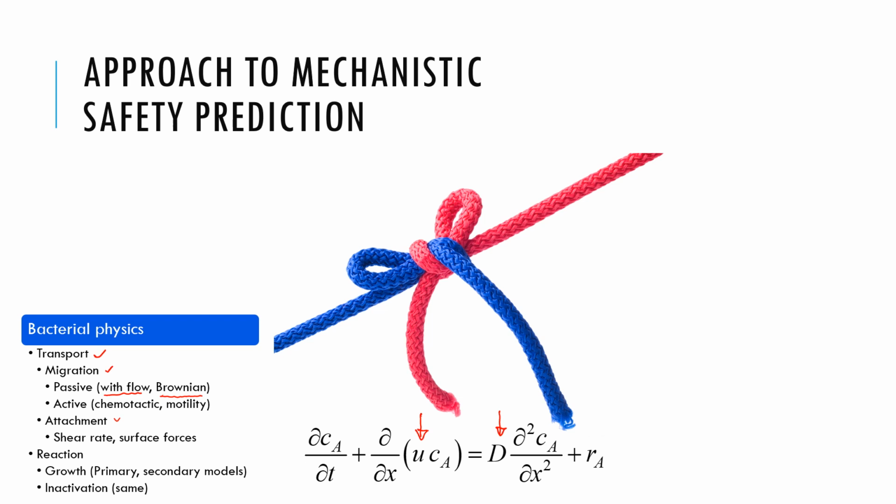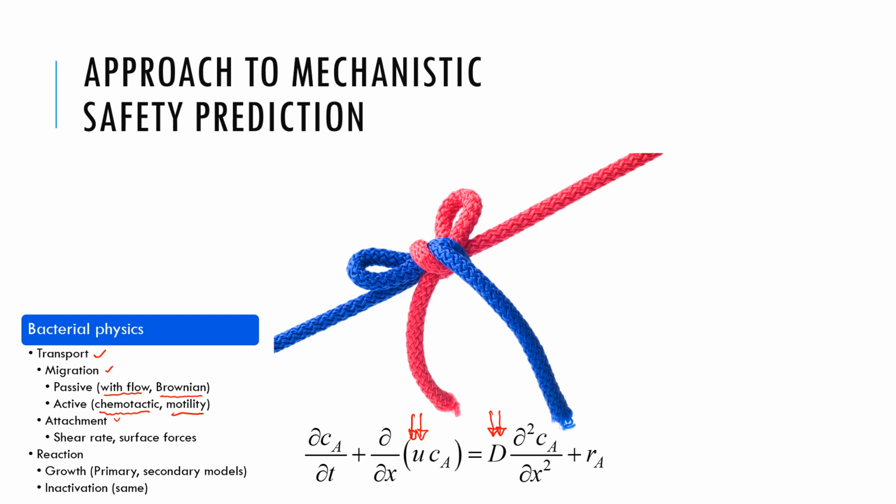Likewise, it can be active. If it's active, like chemotactic, it's a directed motion, it has a velocity, so then it becomes part of the velocity term. And motility, which is more random, will be part of the diffusion term. Then there is also attachment that has additional physics involved.